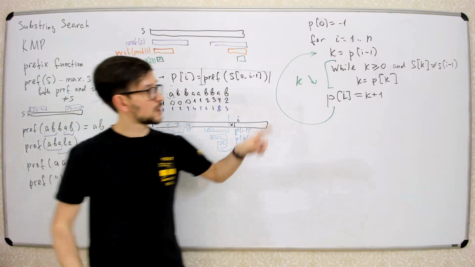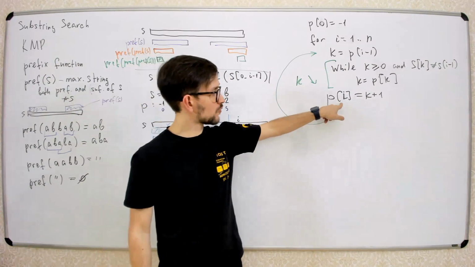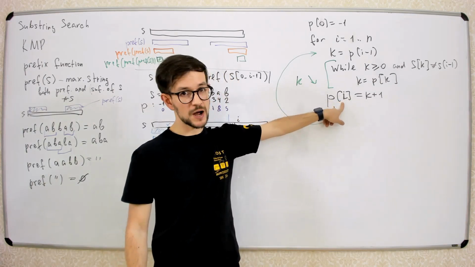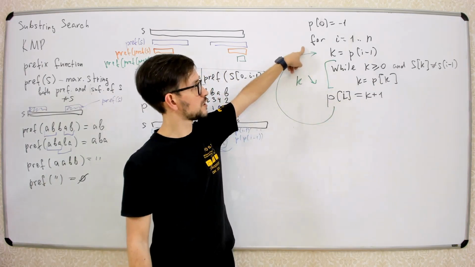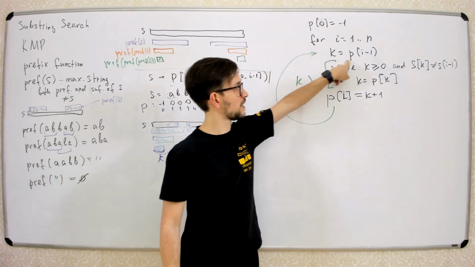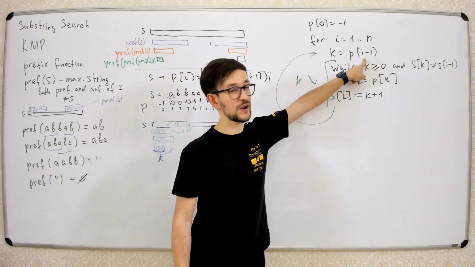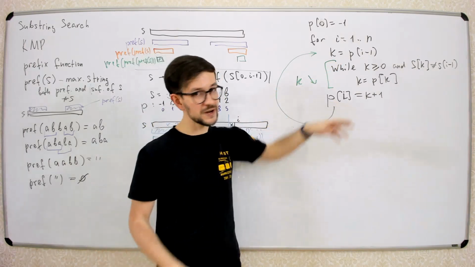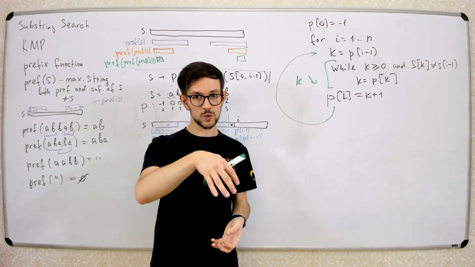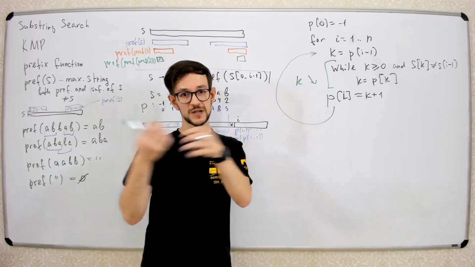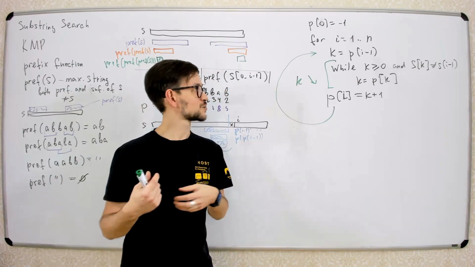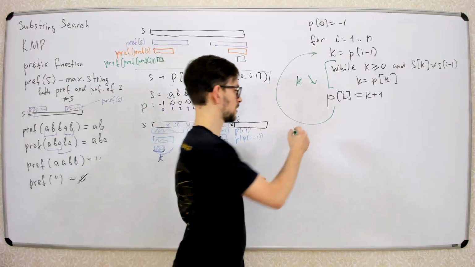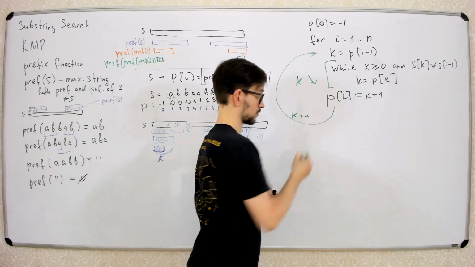So let's see what we do here. We put value k plus 1 to position I, then we increase I and take from the same cell of this array the value of k. So basically, when you move from here to here, the k will be increased by 1. So here you make k plus plus actually.